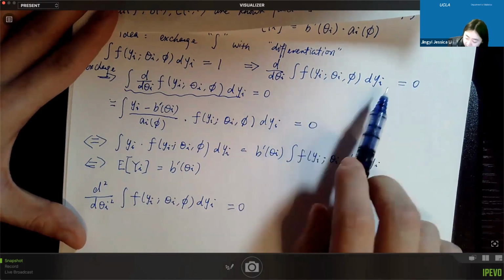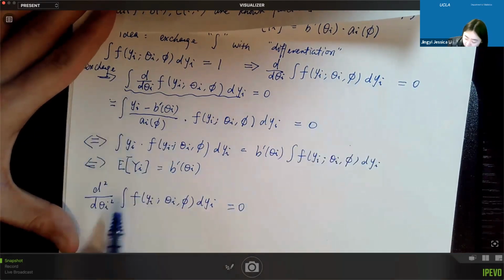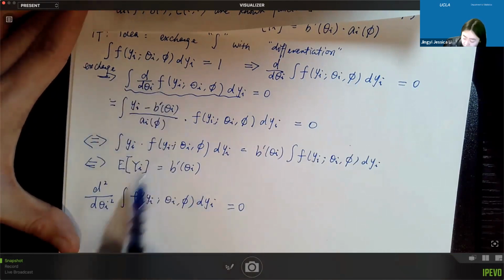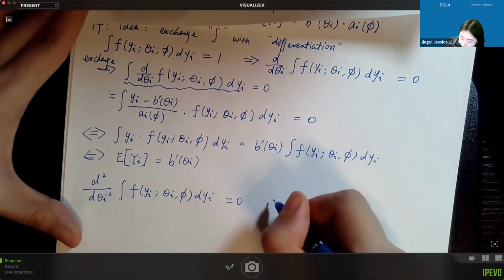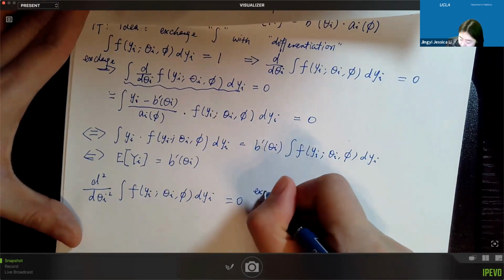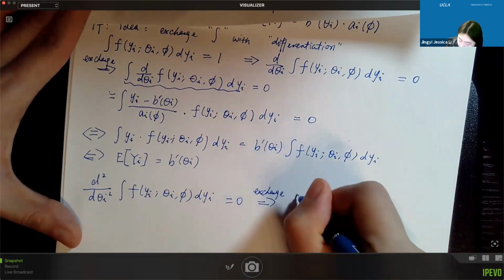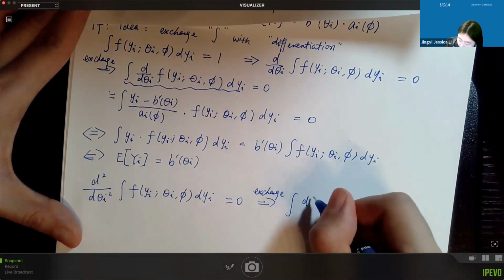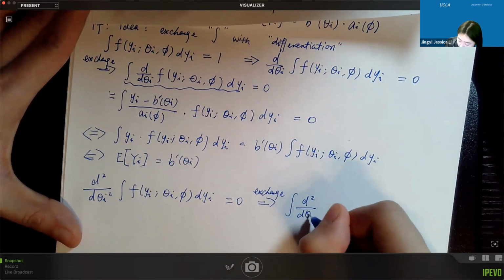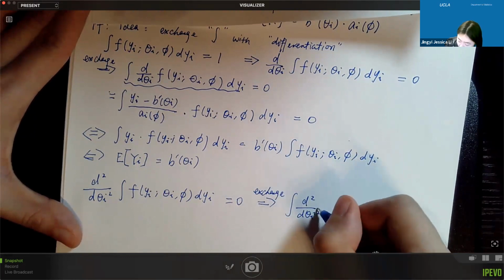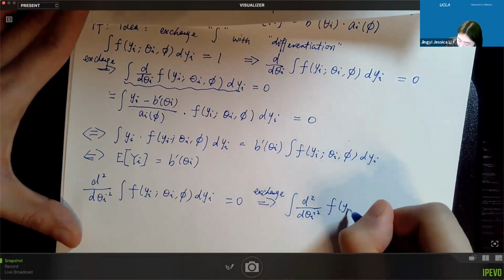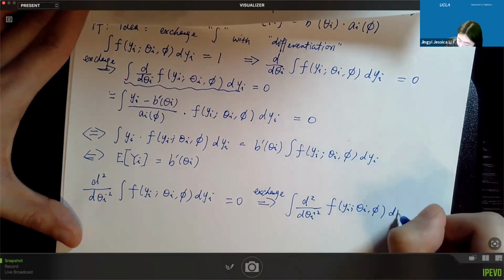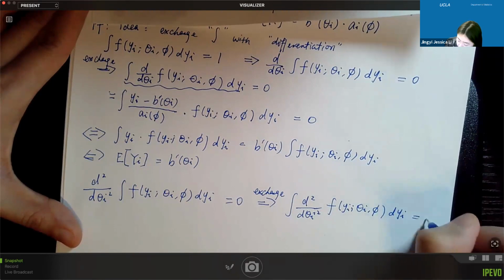And once we do that, just like here, we're going to move this inside. Based on the exchange property, we move the second derivative inside the integration, so d²/dθi² of this density function f(yi; θi, φ) dyi will be equal to 0.